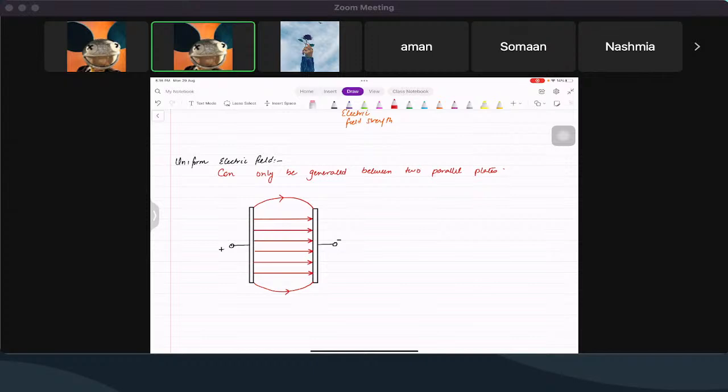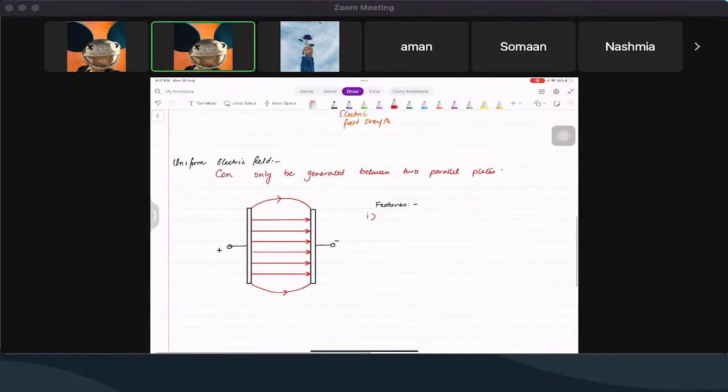Now, when you're talking about a uniform field, it actually means a few features. Number one, all lines are straight. Number two, they are equally spaced.